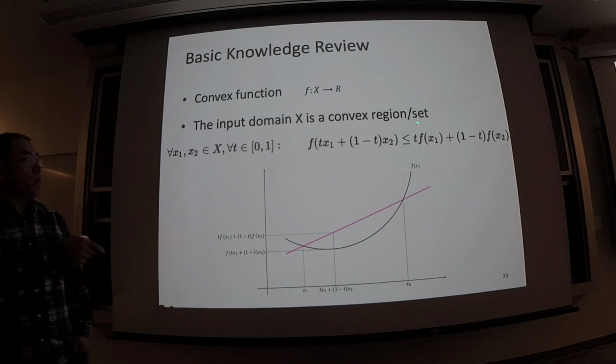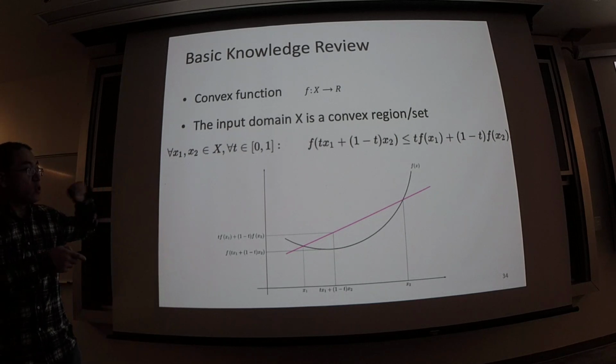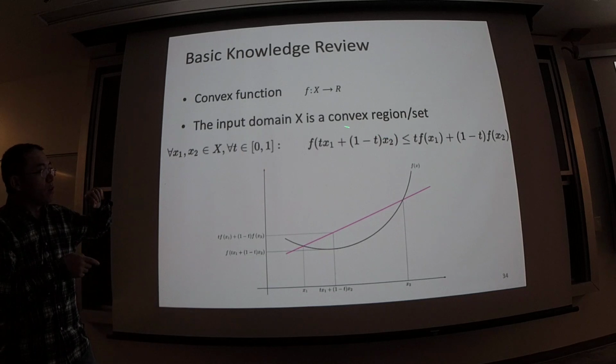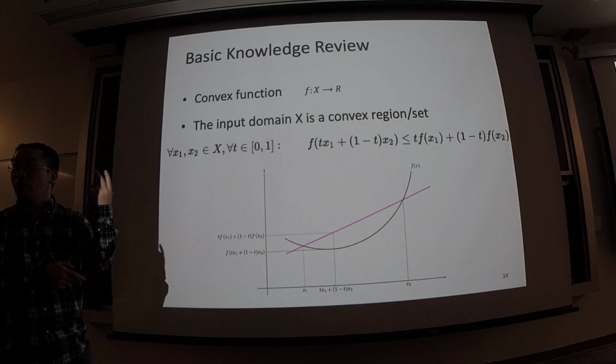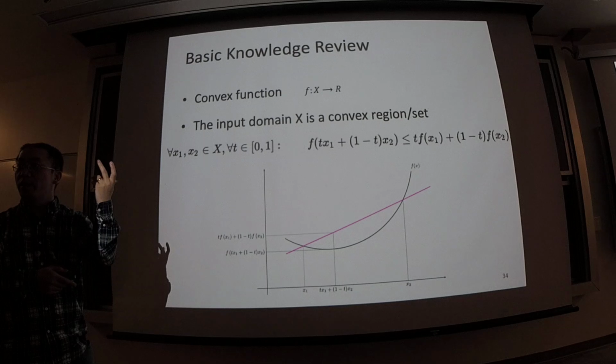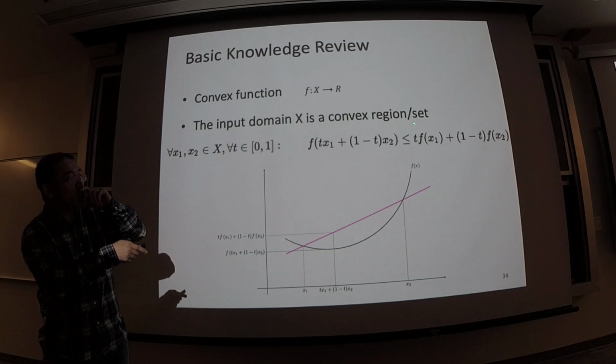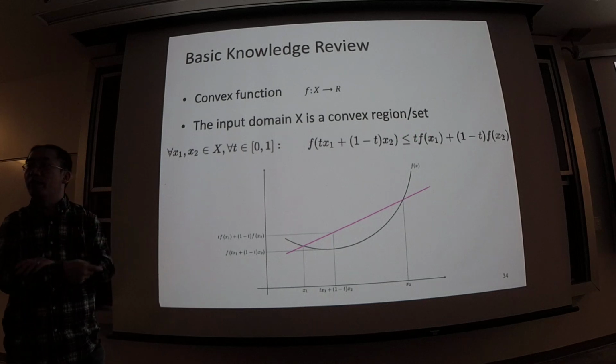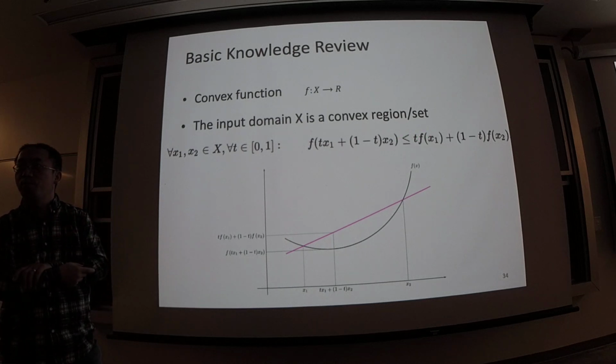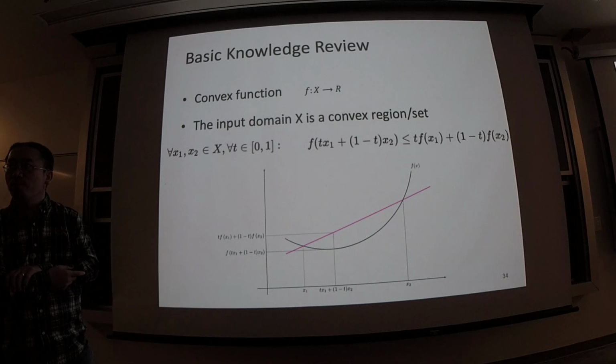If you define a function to satisfy the inequality with reverse direction, that means you change this less than or equal to be bigger than or equal to, this is called a concave function. Any question?